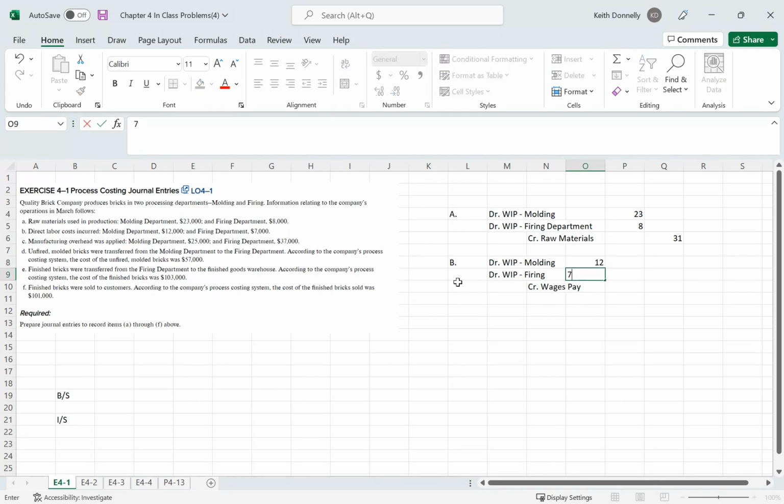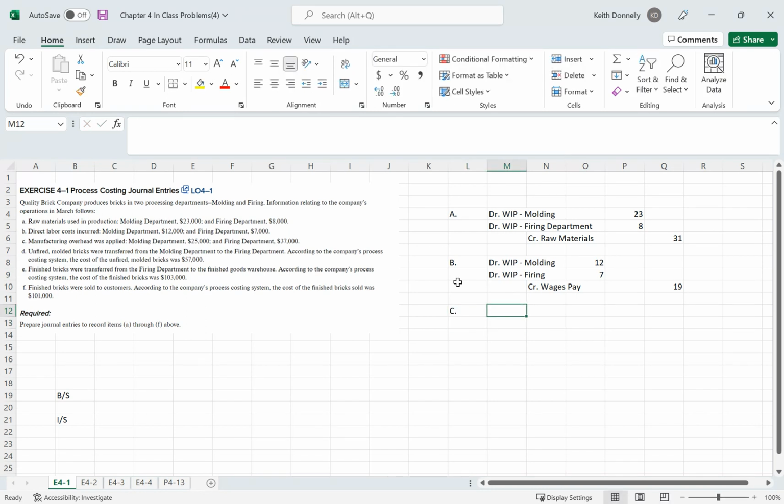It looks like 12, 7, and then 19. Again, we're building up the inventory, capitalizing it, absorption costing on the balance sheet as we continue to build the product. And we do this in each department.